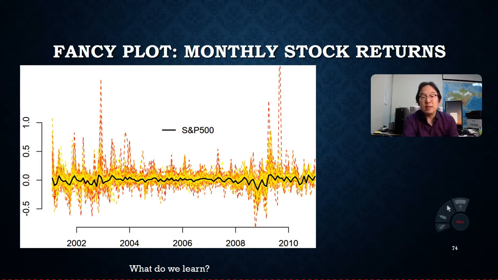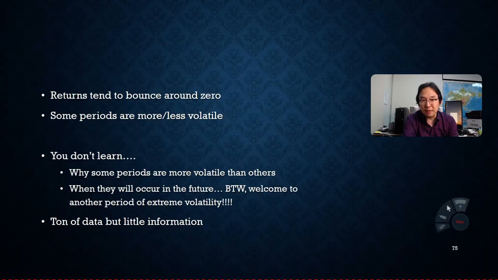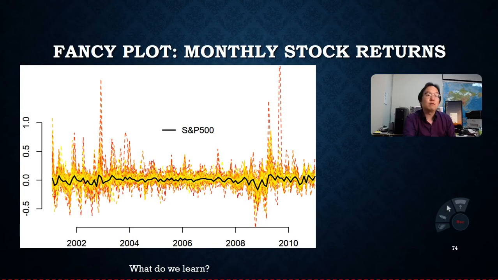This is a fancy plot, that's good, but is that it? What do we learn from it? We learned that the returns tend to bounce around zero. It never goes above somewhere like 100% up, right? We don't see that.